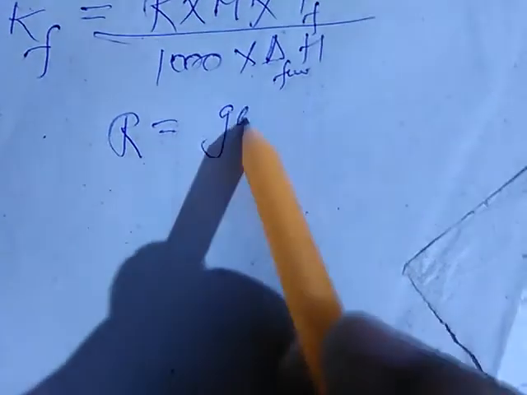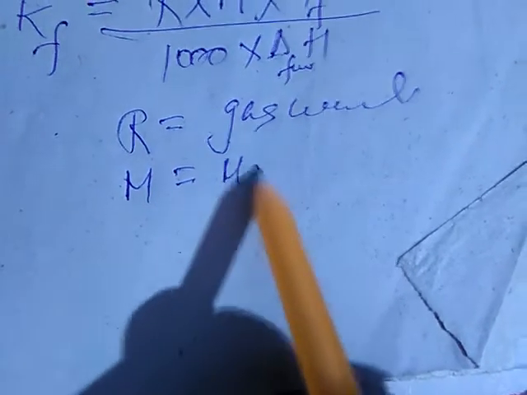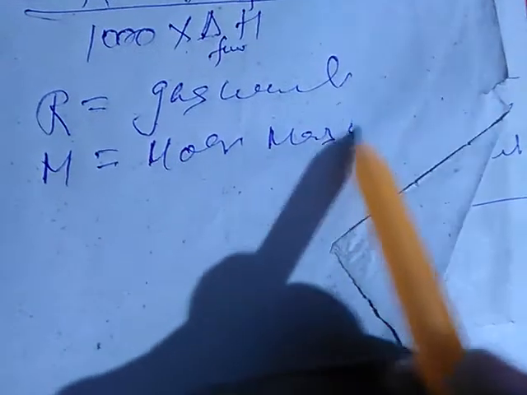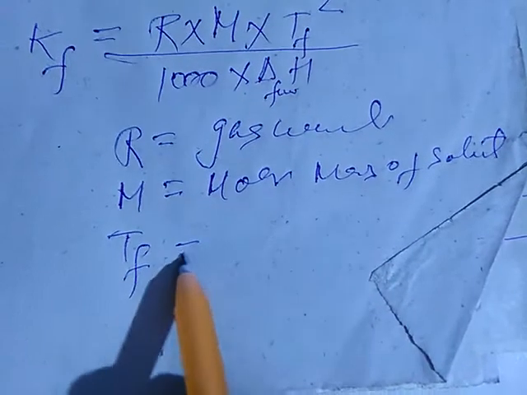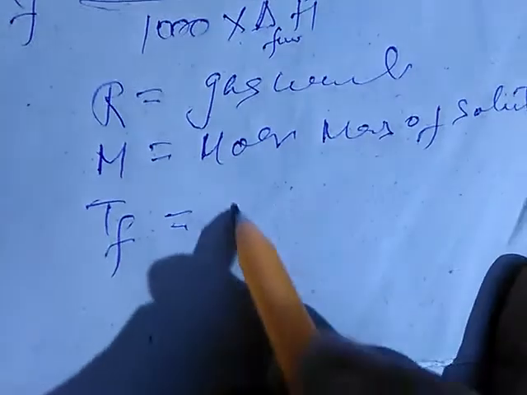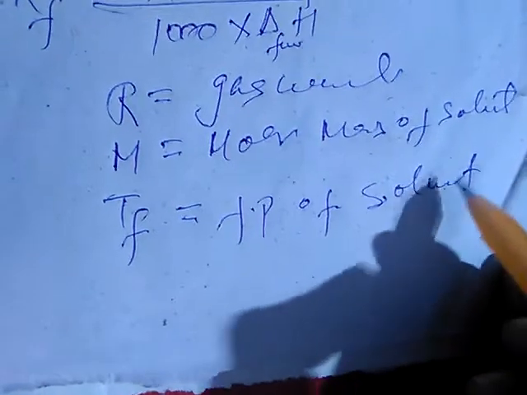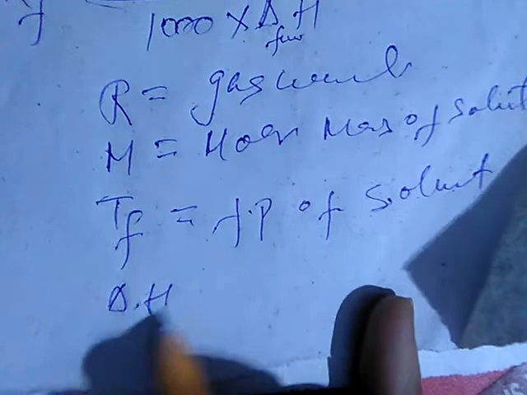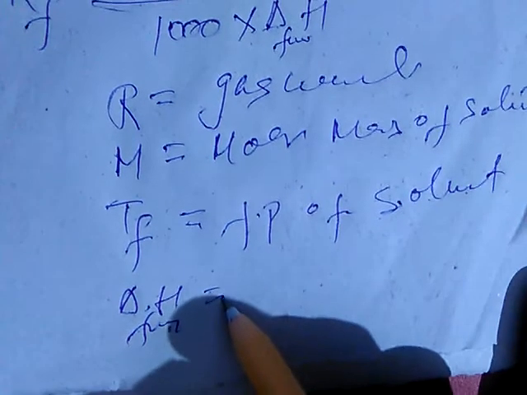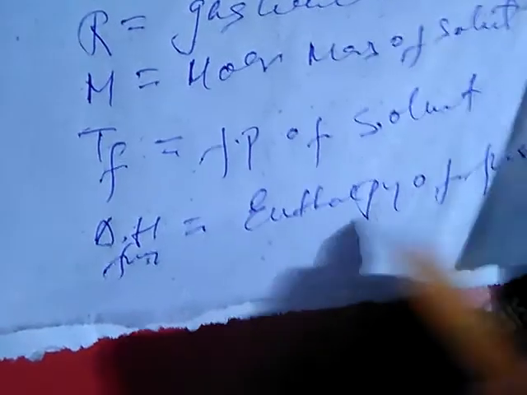M stands for molar mass of solvent. Tf is equal to the freezing point of the solvent, meaning the pure solvent. Delta H fusion is equal to the enthalpy of fusion of the solvent.